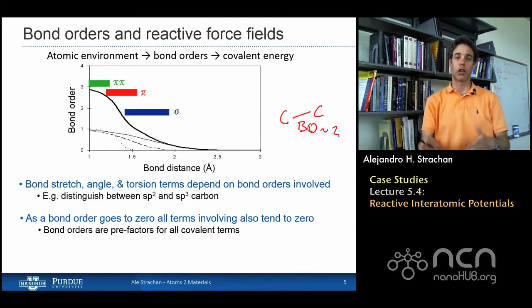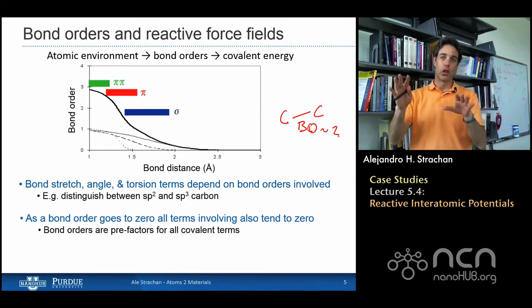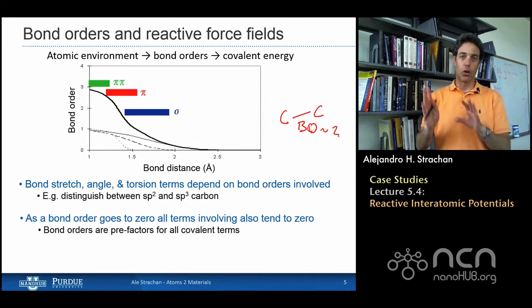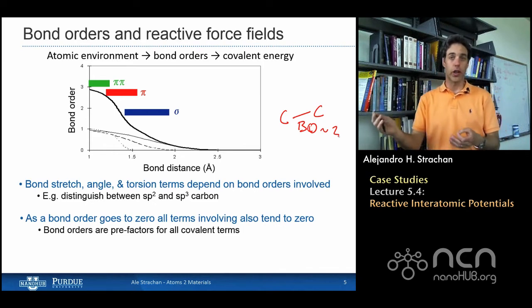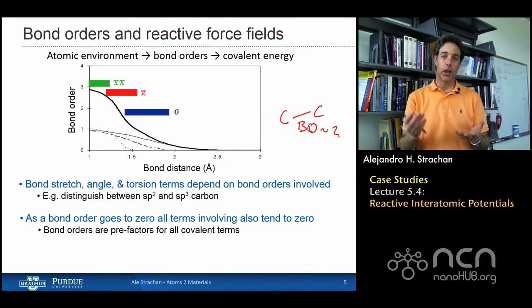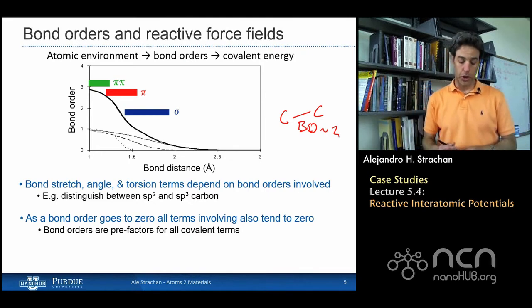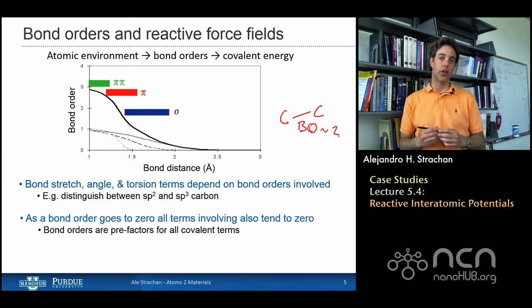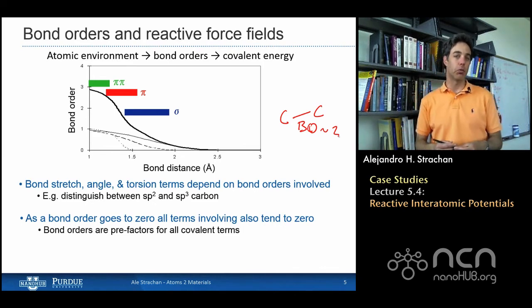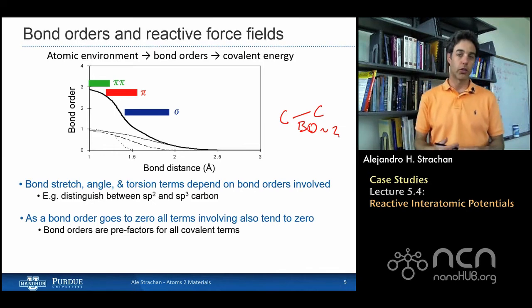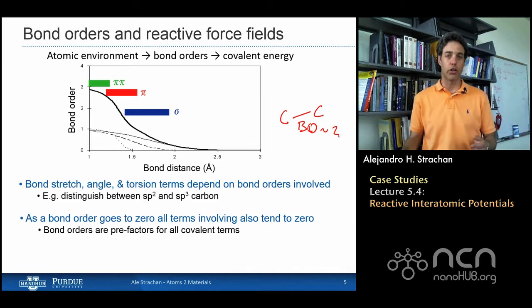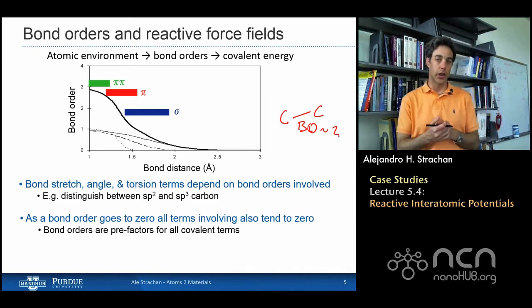Any torsion around that bond is also going to go to 0. So smoothly, all the energy terms go to 0 if a bond is broken, and smoothly, a bunch of covalent terms are created if a new bond is formed. Smoothly here is very important because we're interested in doing molecular dynamics, so I need to be able to take gradients of the total energy to get forces, so I cannot have discontinuous jumps in energies.